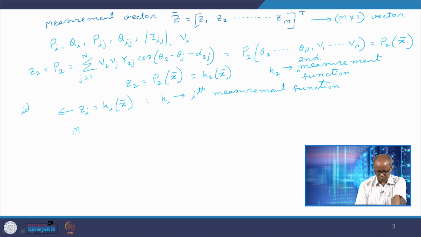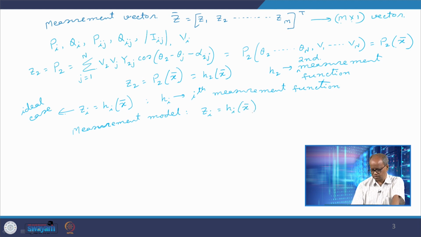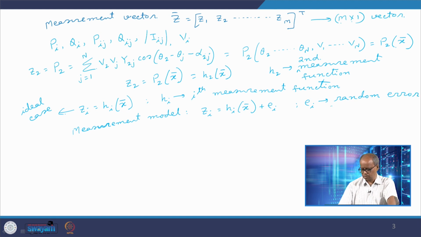What we have is that every measurement has its error. So, my measurement model is actually z i equal to h i of x plus e i, where e i is the random error of the ith measurement.